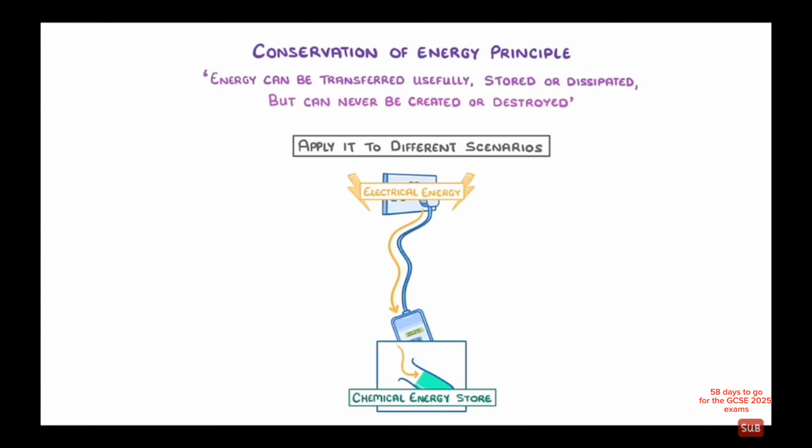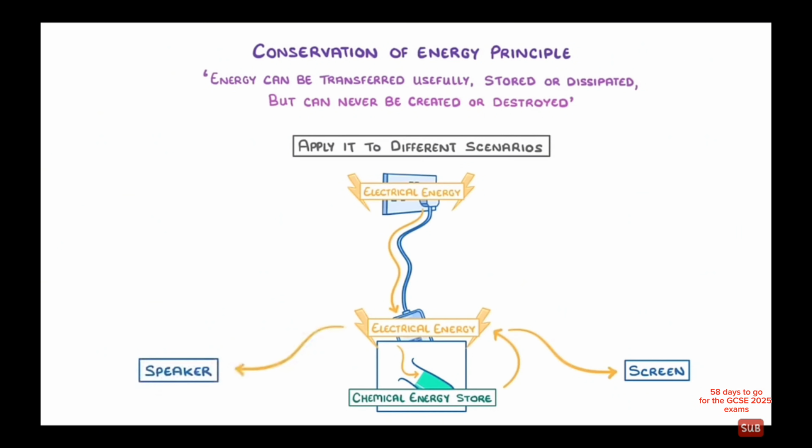Then when you use your phone, this chemical energy can be converted back to electrical energy, which flows around the circuit in your phone and powers the different parts, like the screen and the speaker. In the screen, the electrical energy will be converted to light energy so that you can see it, and at the speaker, it will be converted to sound energy.